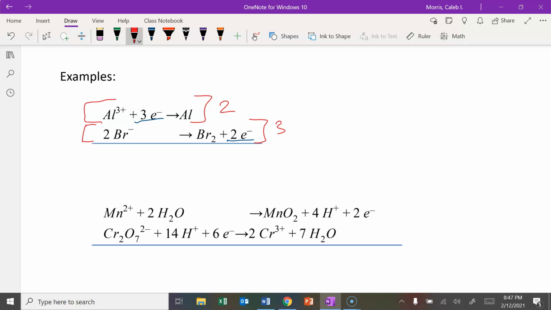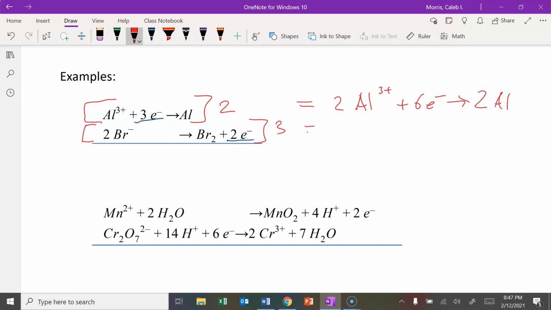But if I do that to the electrons, I've got to do it to everything else in that half reaction. So what that's going to give us, I shouldn't do an arrow. Let's use a different symbol there. Okay. So what that is going to equal is 2 Al3+ plus 2 times 3 is 6 electrons yields 2 aluminum atoms.